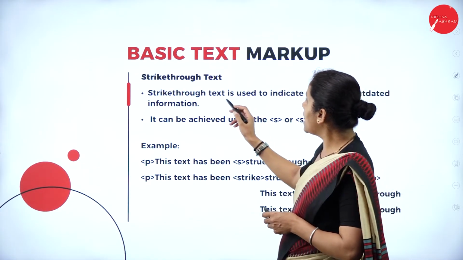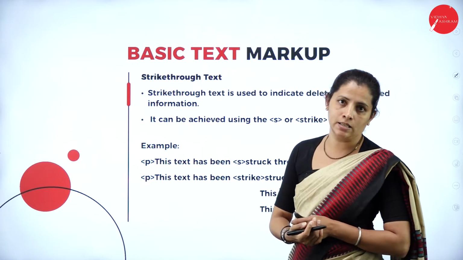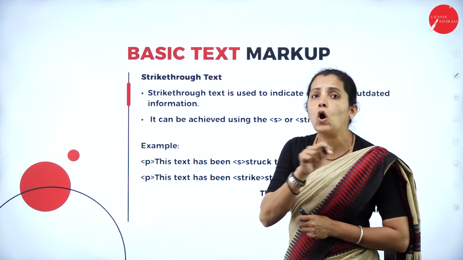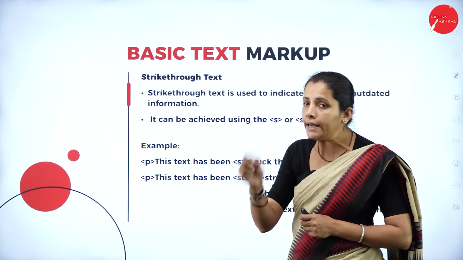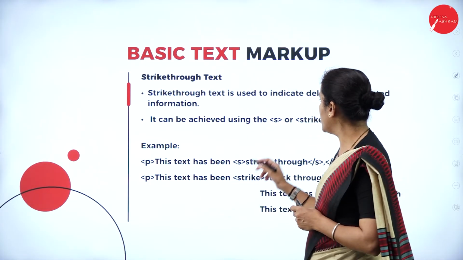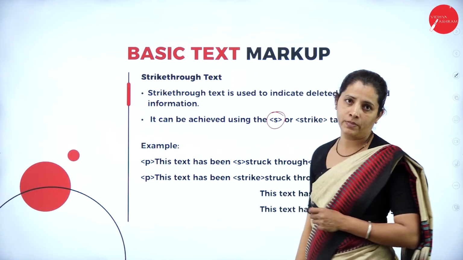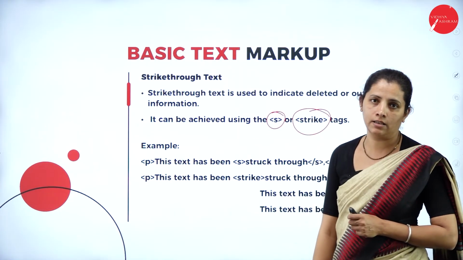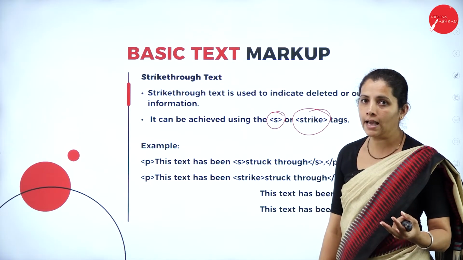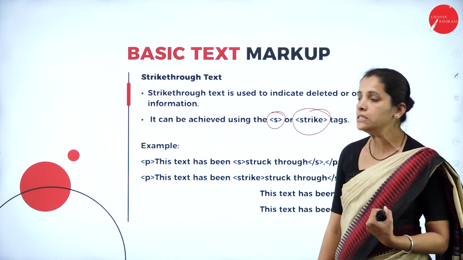Now, strike through text. There are certain times you have to cut the text or you have to strike the text. For that, you can have S, or you can have the tag called strike. So you can use both the tags. One is S and another one is strike.